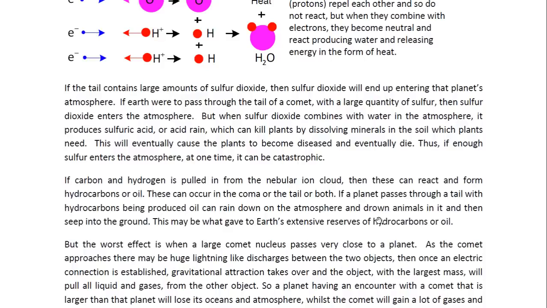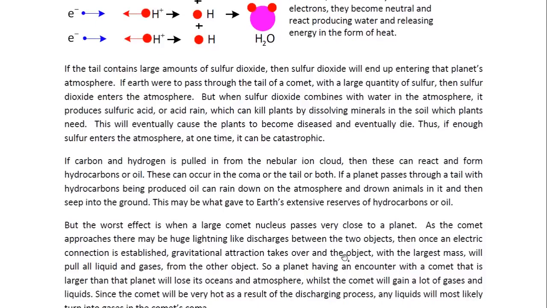So as they enter the atmosphere, they'll cool down, become liquid, and form huge pools and lakes of this oil on the surface of the Earth. Some of it would, of course, drain into the ground and may be what causes the Earth to have these extensive reserves of oil. And if they were to fall on animals, they would most likely drown the animals.